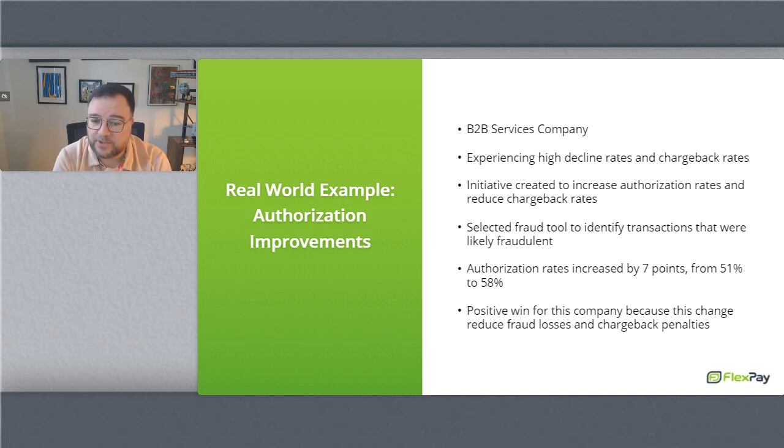And they actually were able to bring their authorization rate up by 7 points, from 51 to 58%. As you can see, this is already below the threshold, and this was a very valuable exercise for them to do. It was a very positive win for the company because it did help them directly impact their fraud losses, their chargeback penalties, and keep their merchant accounts healthier.